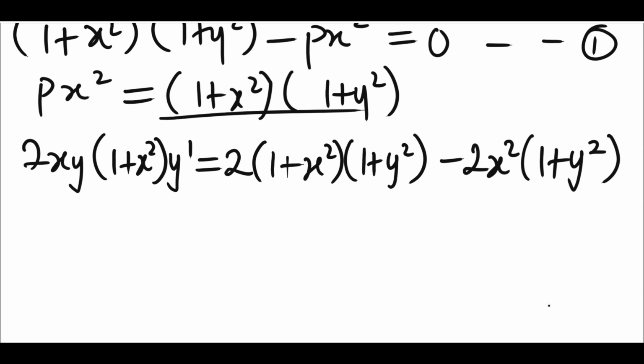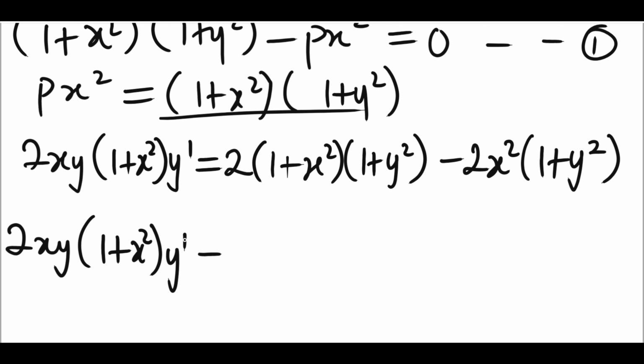So we need to now simplify the right hand side, because the left hand side is getting close to what you are supposed to get. We are very close. So we have 2xy 1 plus x squared, then y prime. Now let's look at this one. This is one term, this is another term.